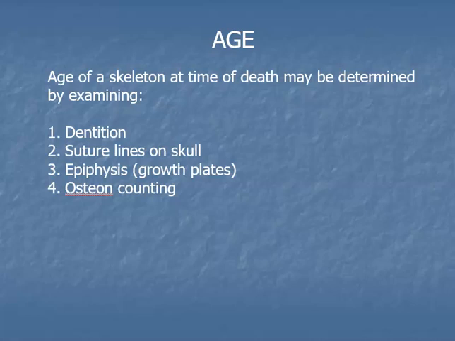Osteon counting. Osteons are canals through the bone, and this is particularly useful if you have any of the long bones. When I say long bones, I'm talking about the femur, the tibia, the fibula, the humerus, the radius, and the ulna bones. These are the arm and leg bones.